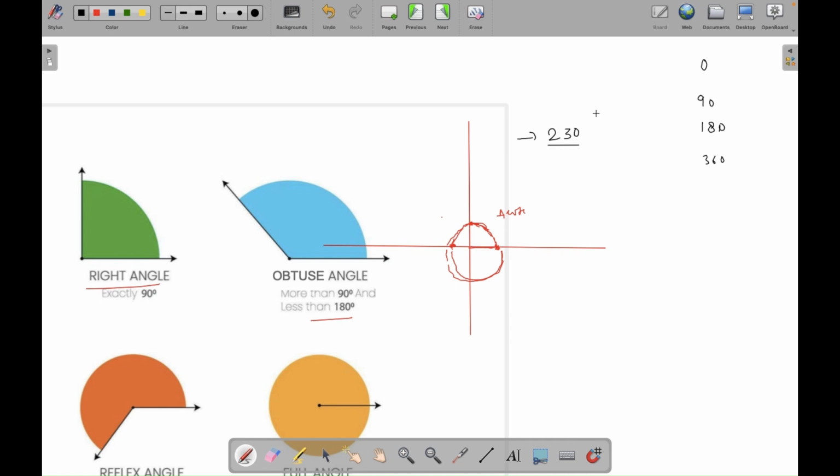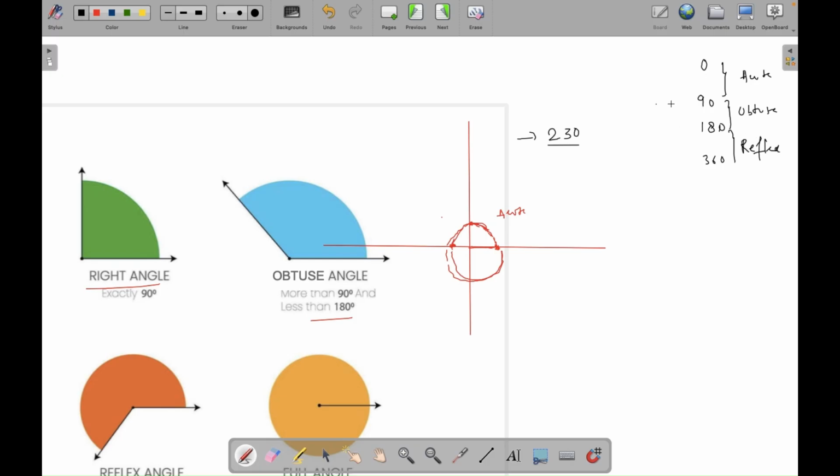No, it does not, so it is not an acute angle. If it lay between 0 and 90, it would be an acute angle. Then check, does it lie between 90 and 180? It does not, but if it did, it would have been an obtuse angle. Then check, does it lie between 180 and 360? It does, so it is a reflex angle.